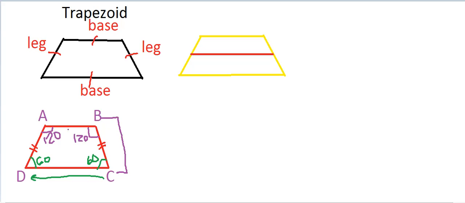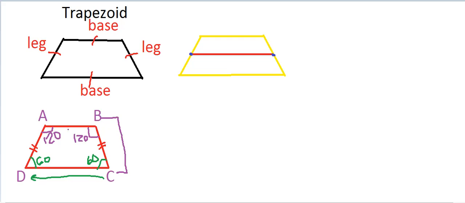So this is a midpoint and this one is a midpoint, meaning these two segments are congruent, and here they are also congruent.